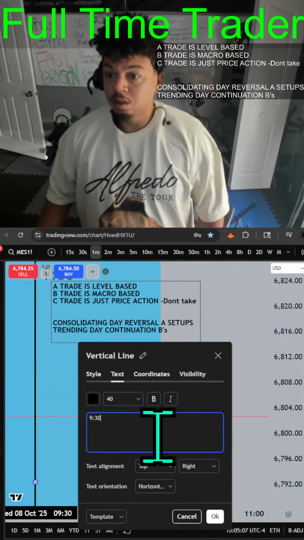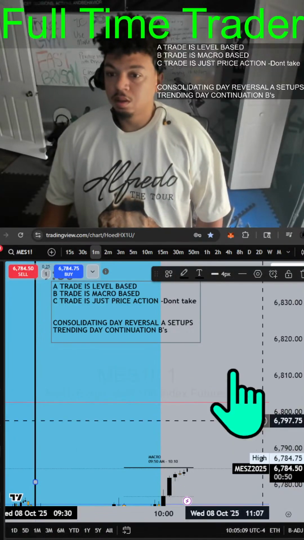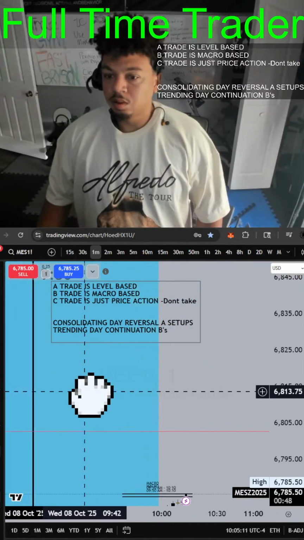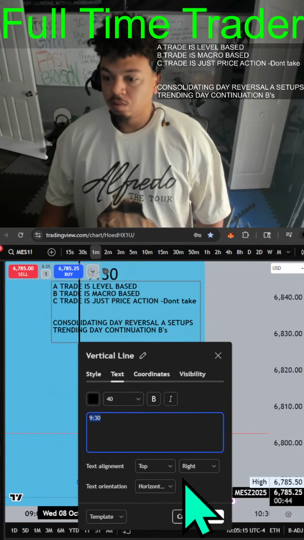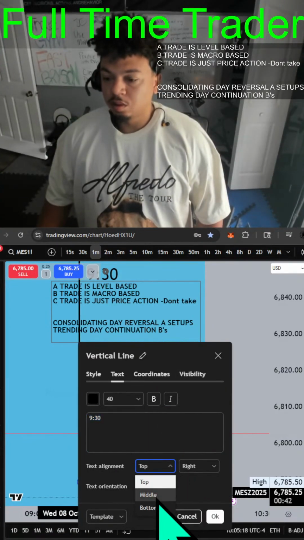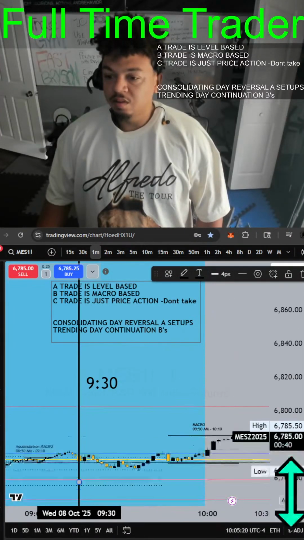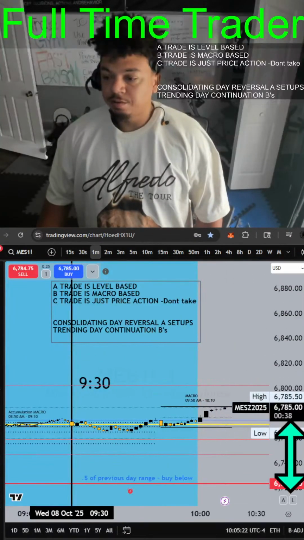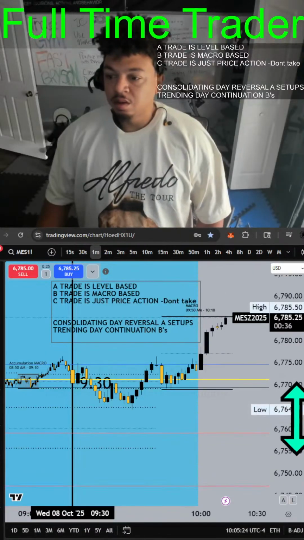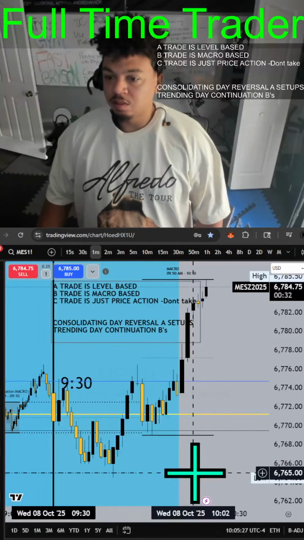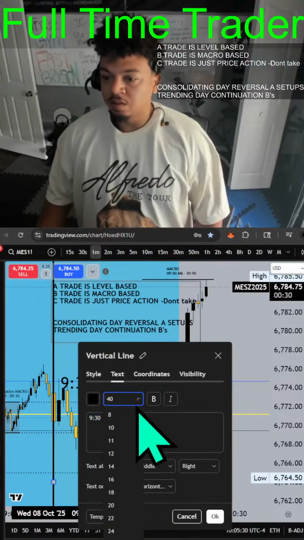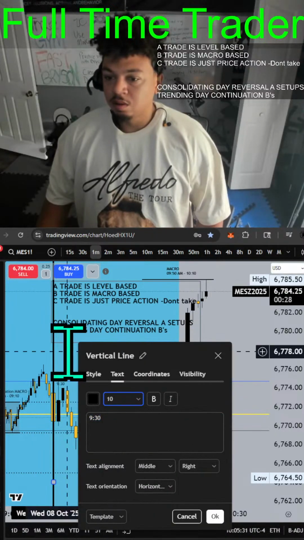Let me put it in the middle. Okay, so this is the 9:30 line. So anything after that, that's where we should have been able to find a trade potentially. So we're going to make that smaller. That's the 9:30 line.